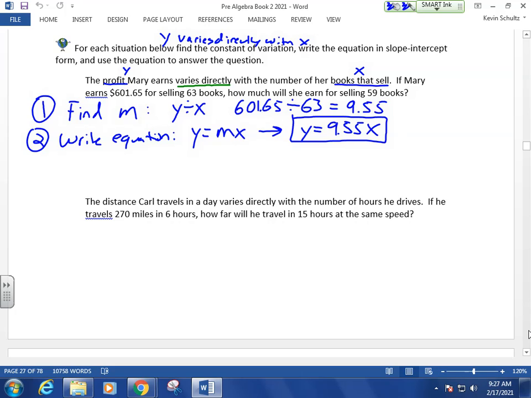X. So using this equation, y equals 9.55 times 59. That operation, that product, will give us the profit, y, which is $5,563.45. Okay?